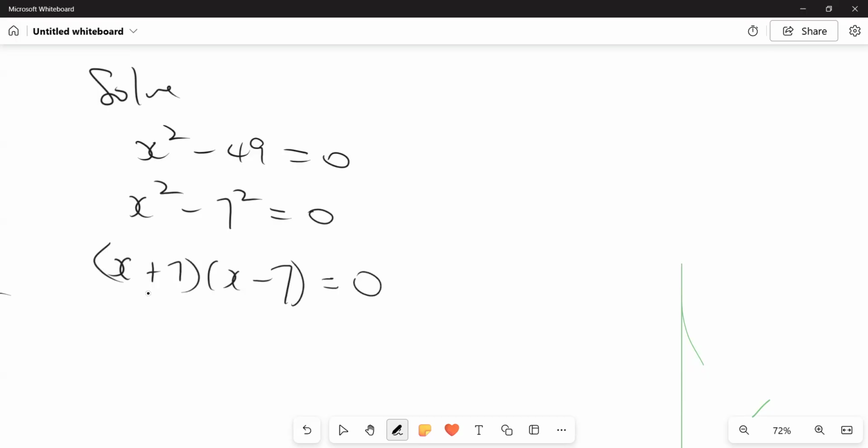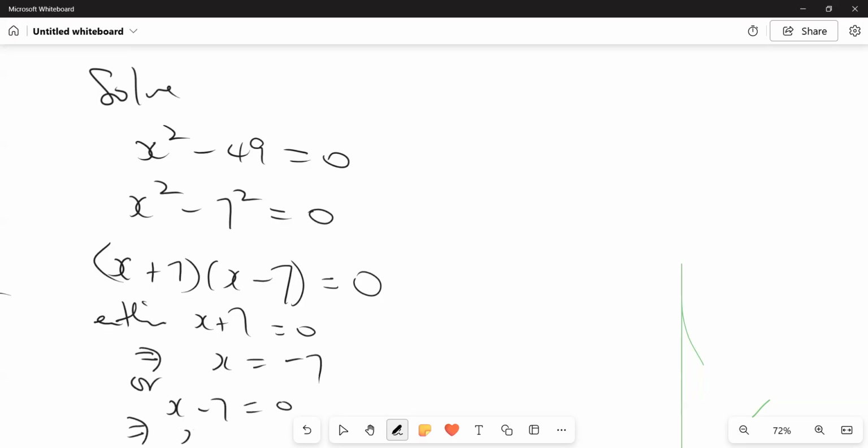So either x plus 7 equals 0, which implies that x equals minus 7, or x minus 7 equals 0, which implies that x equals positive 7. So your answer is x equals negative 7 or positive 7. That's the whole idea behind solving quadratic equations by factorization.